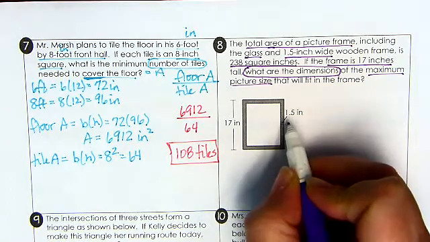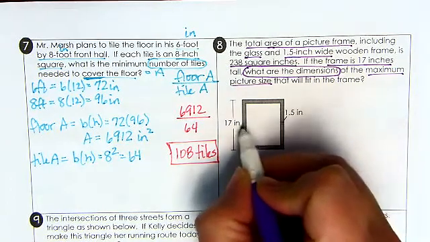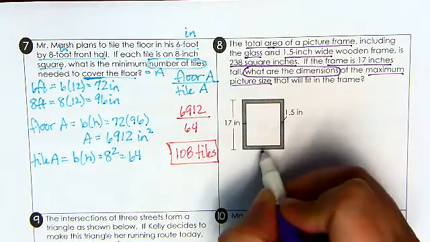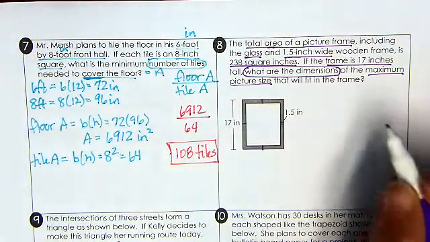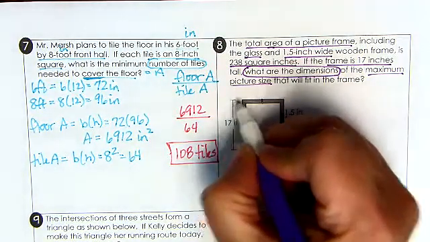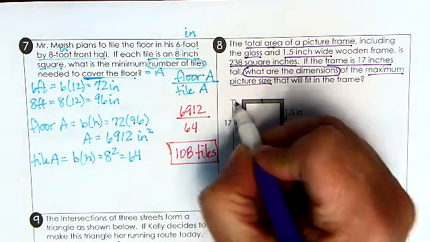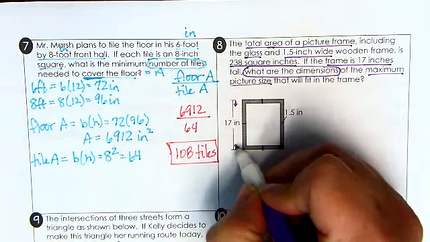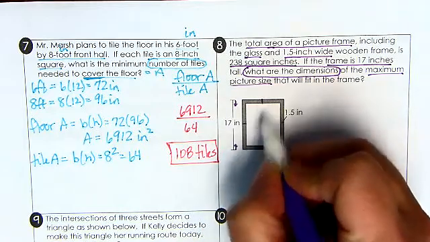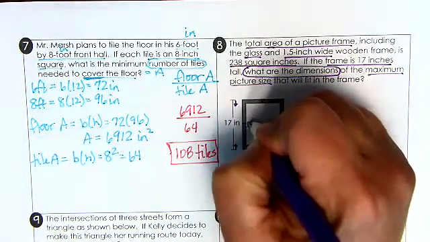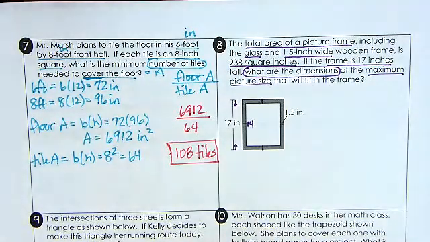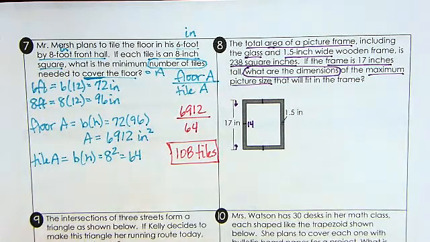Remember we've got the frame that's 1.5 here. It's also 1.5 here, and it's also 1.5 here and 1.5 here. So that means that I'm going to go in here some and in here some. Well, if it's 1.5 on each end, that means it's 3 inches off the total. So therefore, this is a 14. Just so we know that part.